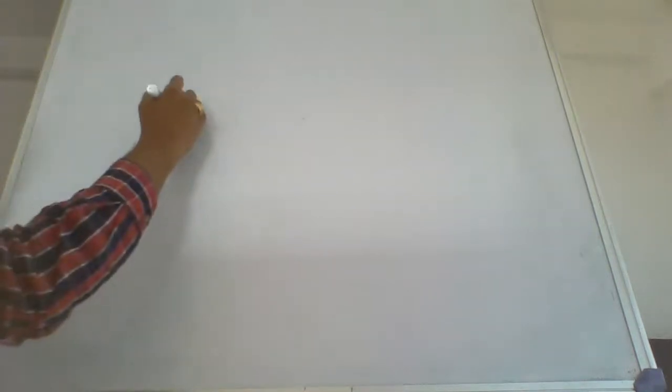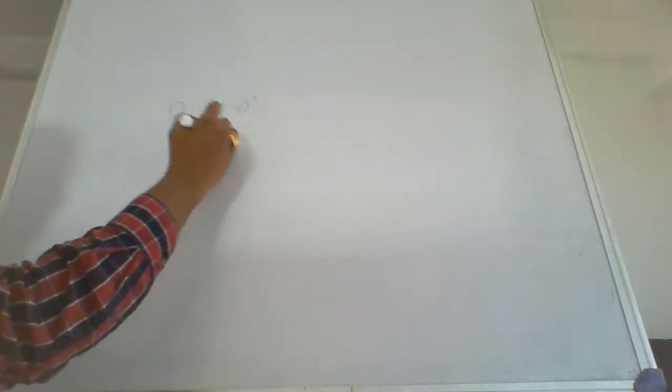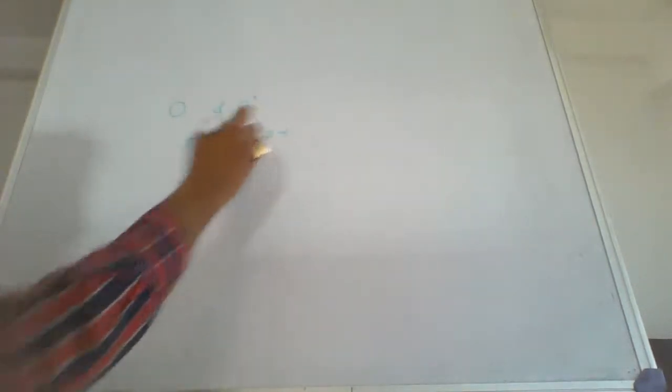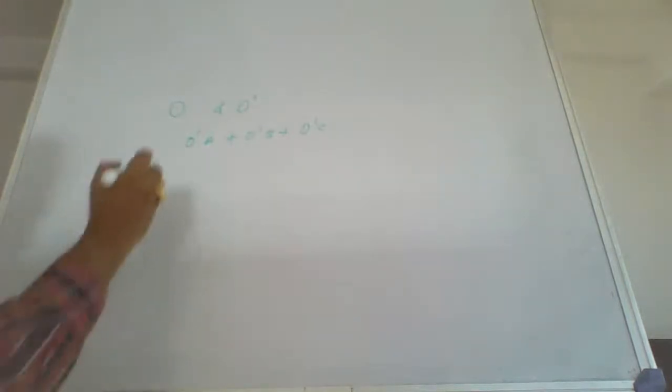Let us see another problem. If O is the circumcenter and O dash is the orthocenter of triangle ABC, then O dash A plus O dash B plus O dash C is equal to what?